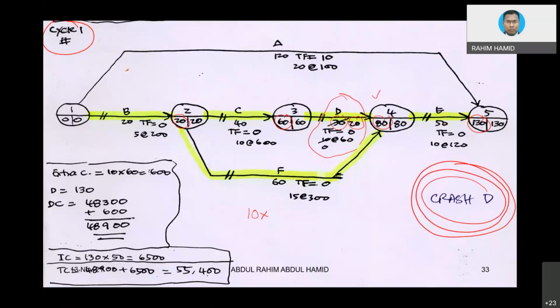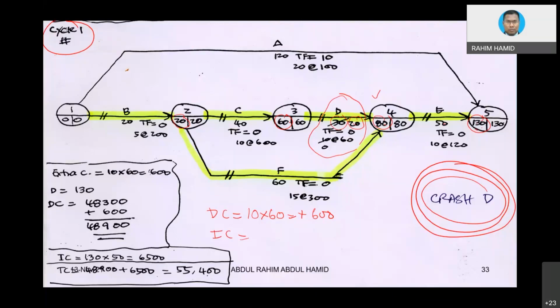So 10 times 60 equals 600. That is the extra cost based on direct cost. But remember, we also compress the project by 10 days, so the indirect cost is being reduced by 10 days.